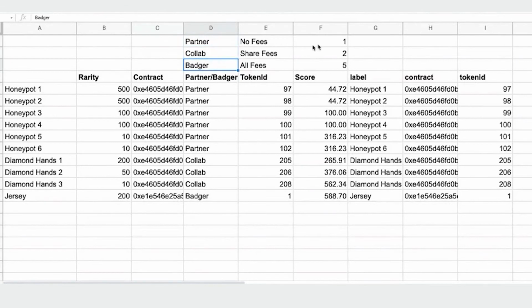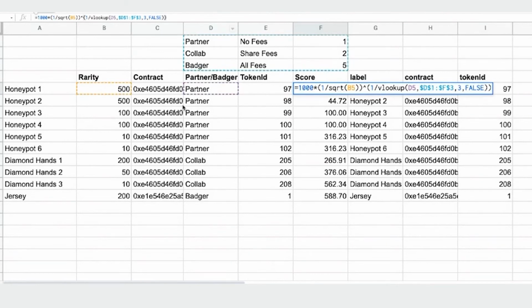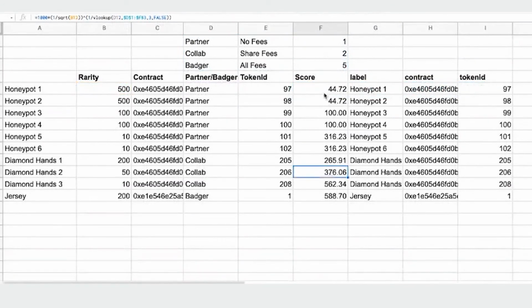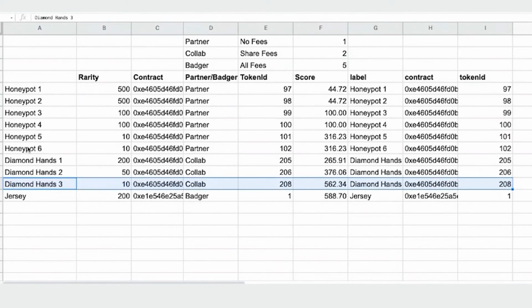And then gave each one of those a score, and that score is taken into account, where we're basically just doing the square root of the rarity to the power of this value, kind of backing my way into something that we think makes sense. We wanted the Jersey to be high because it was a Badger NFT directly, but we also want to make sure we were understanding that these super rare ones count.